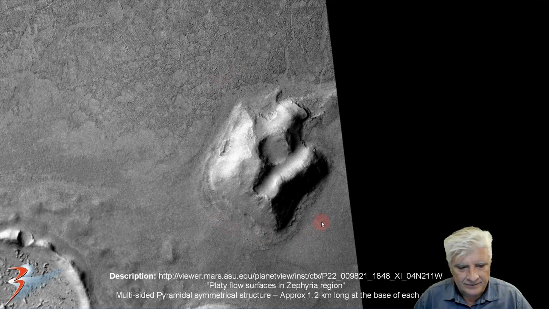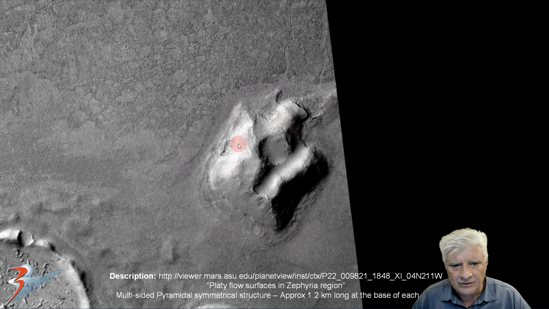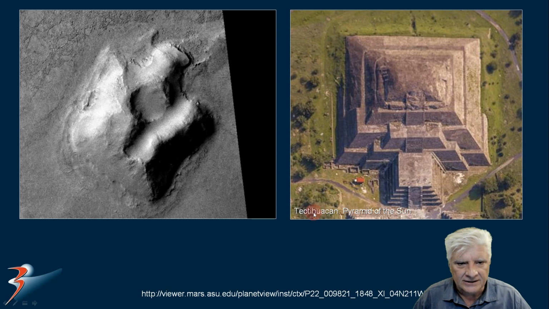Then this item, folks, it's also huge, approximately 1.2 kilometers per side at the base. Also a very strange circular depression on the top, and it also seems to have been covered in water in the distant past, full of sediment, lots of wind and water erosion.